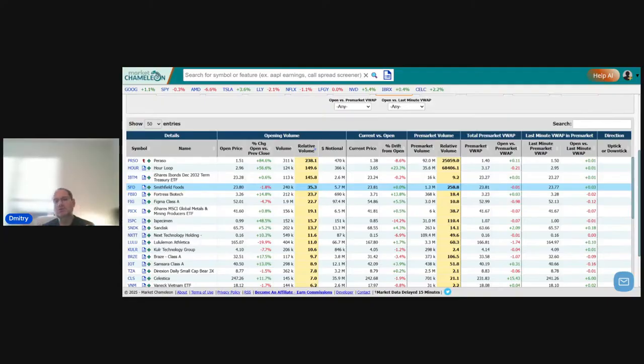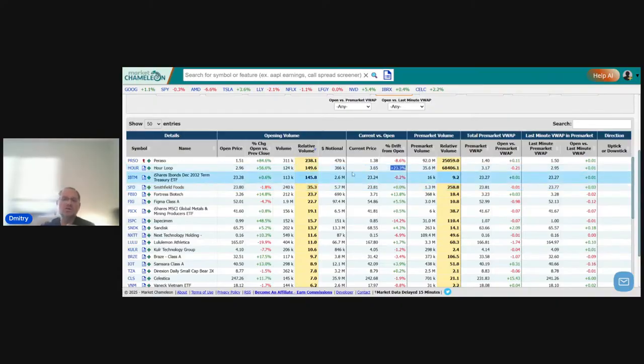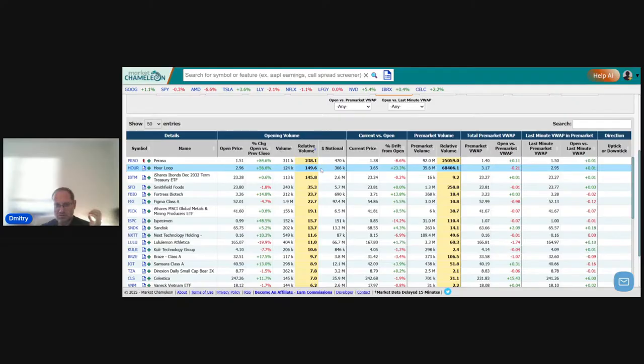Well, you could have a situation where it opens up at a much higher price, but then the enthusiasm dies out. There's no follow through, and it could go back down, or it could have a follow through, like in this situation. So these are things to monitor and pay attention to, and we don't know for sure, but the price activity and the volume following these events give us some clues.